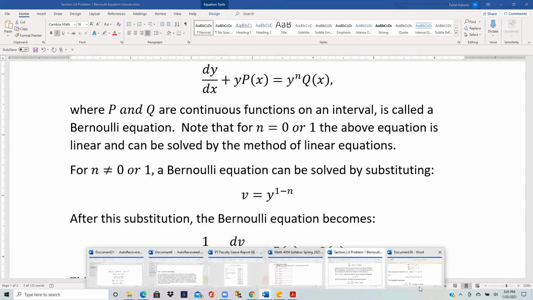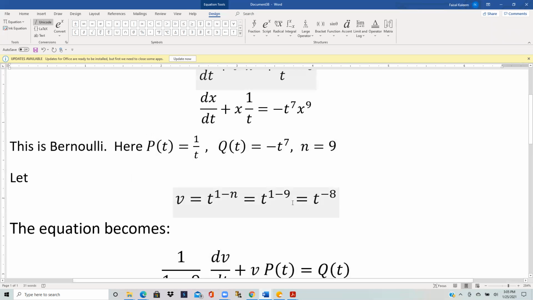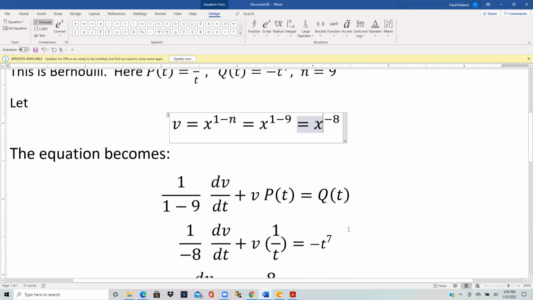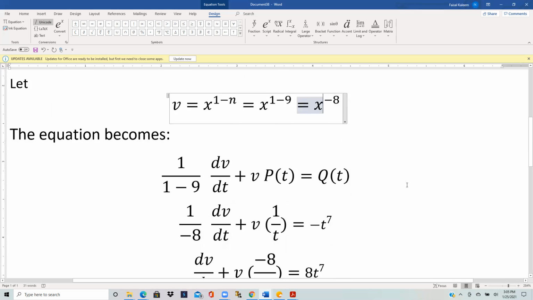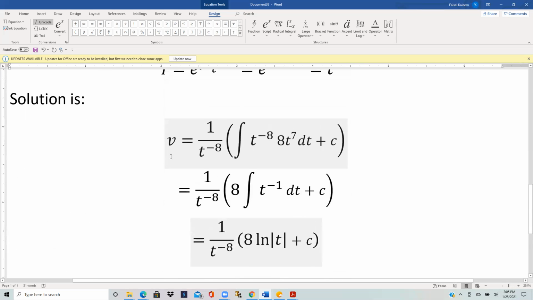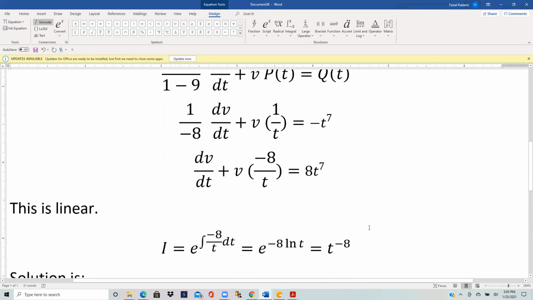So in this case, x is playing the role of y. And so v is actually x power negative 8. So this was all v. So now I replace it with x power negative 8.